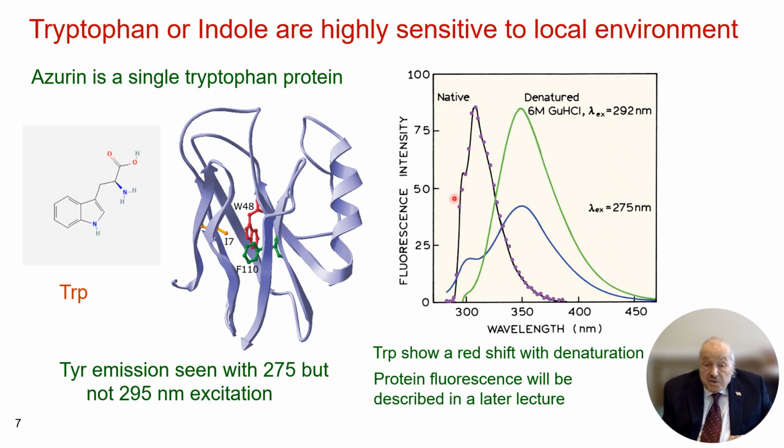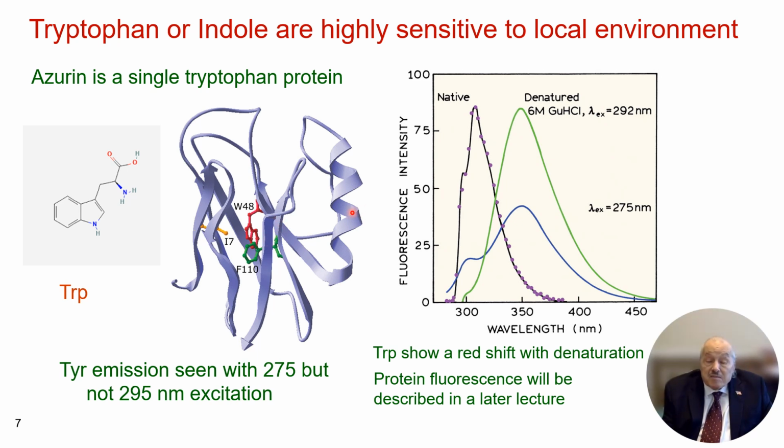We are fortunate that tryptophan is so highly sensitive to its local environment. As an example of that sensitivity, I've chosen this protein azurin that has a single tryptophan residue.